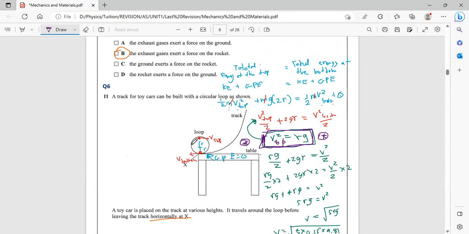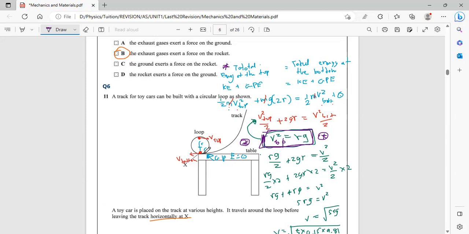So if you consider the motion inside the loop, and gravitational potential energy is 0 at the level of the table, at the top of the loop the car will have both kinetic energy and gravitational potential energy. So the total energy at the top of the loop would be the addition of kinetic energy plus gravitational potential energy.